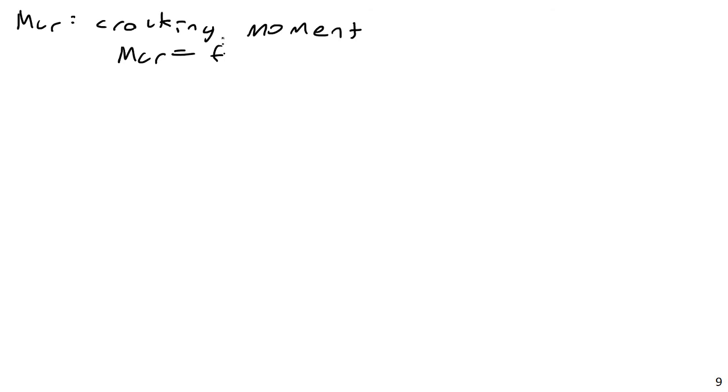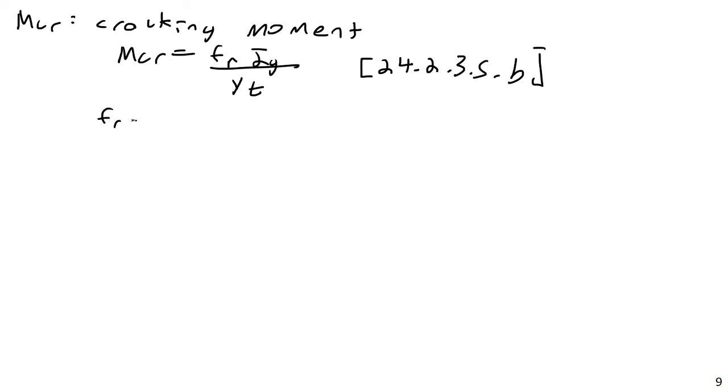This is basically the moment that must be applied to the beam in order to cause cracking, or in order to mobilize the steel. So M_cr is equal to f_r, the modulus of rupture, times I_g divided by y_t. This is equation 24.2.3.5b, and that's also found on page 400, at least of my edition of the manual. And where f_r is the modulus of rupture.